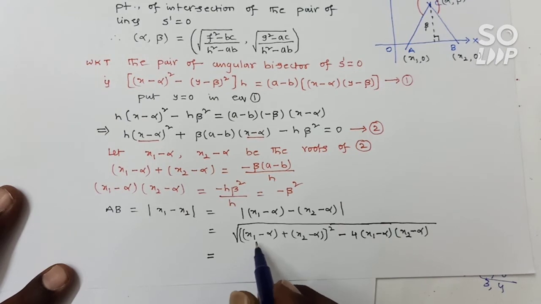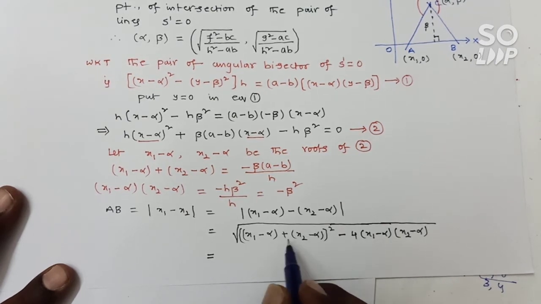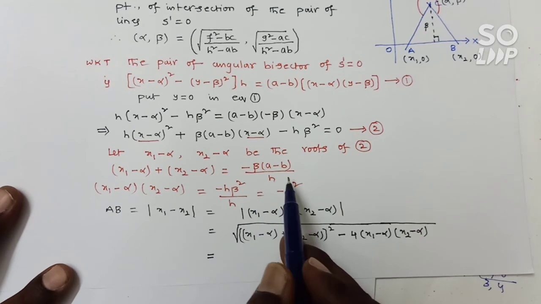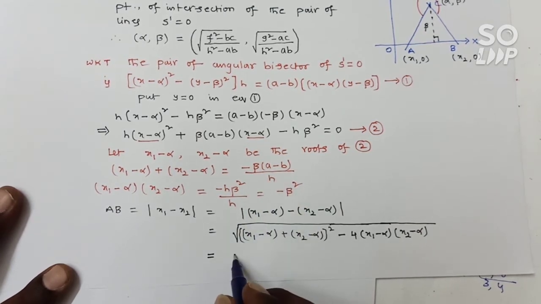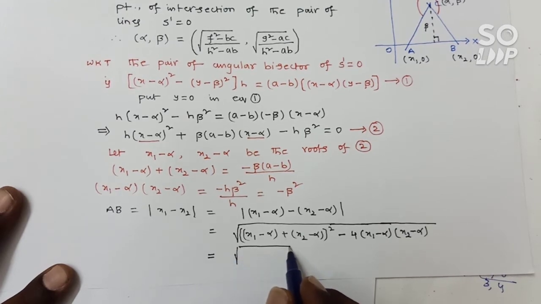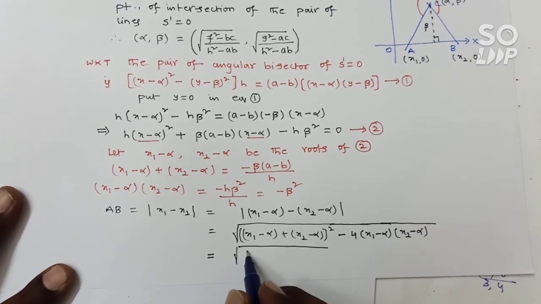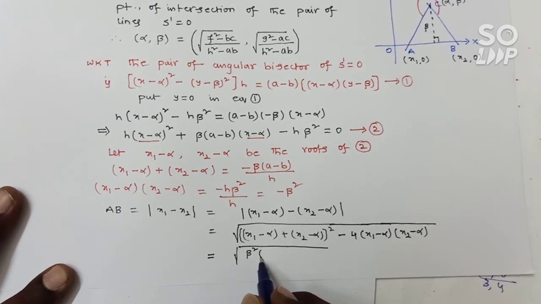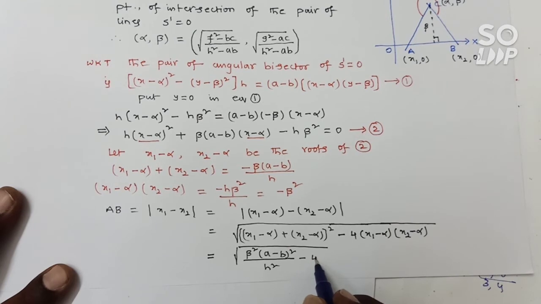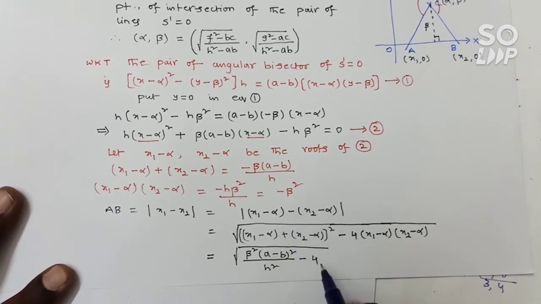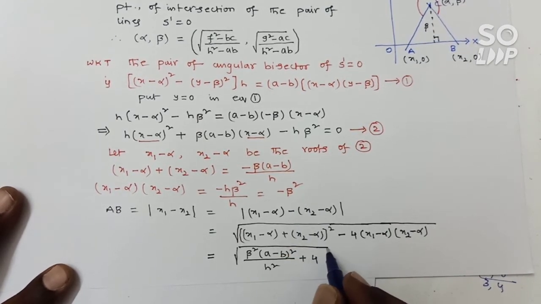You will get that this is nothing but the sum of the roots. The sum of the roots will be minus beta into (a minus b) by h. So this value will be the square root of beta square into (a minus b) whole square divided by h square, minus 4 into the product of the roots, which is minus beta square, minus into minus plus beta square.